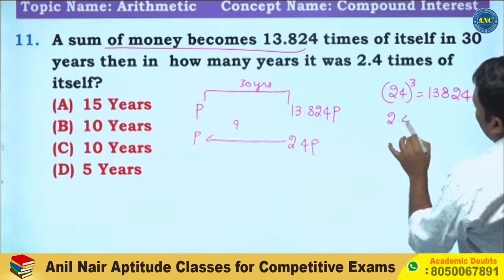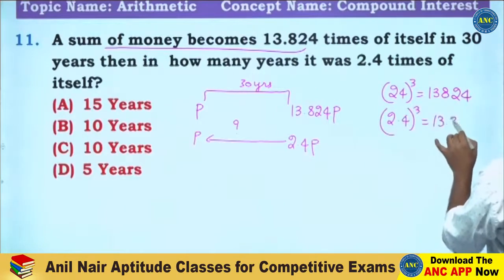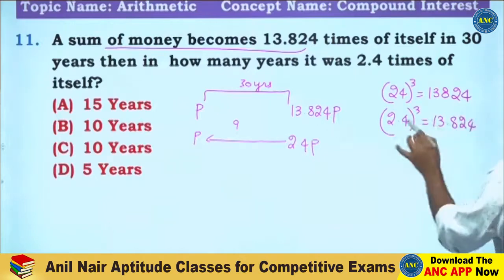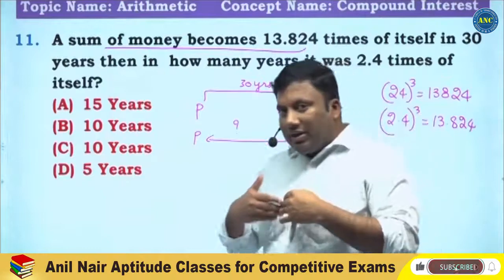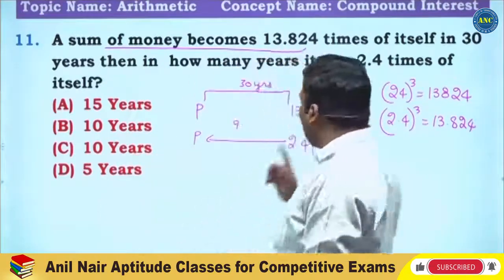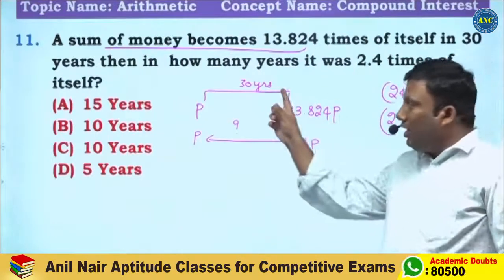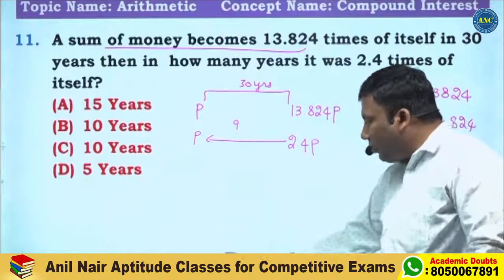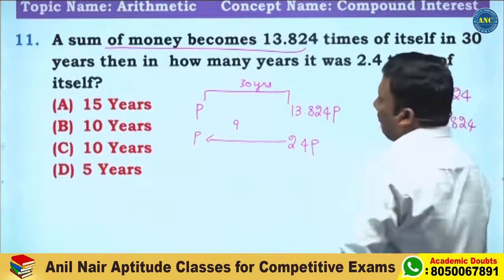Power I got is 3, like AR square, AR cube, power 3. 2.4 power 3 should be equally distributed among 30 years.